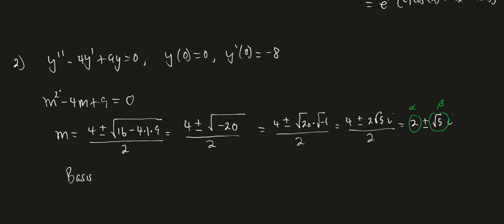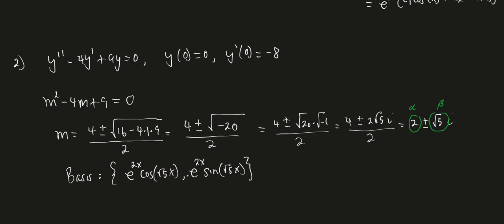So the basis for all solutions of this differential equation consists of these two functions, e to the 2x cosine of root 5x, and then e to the 2x sine of root 5x.